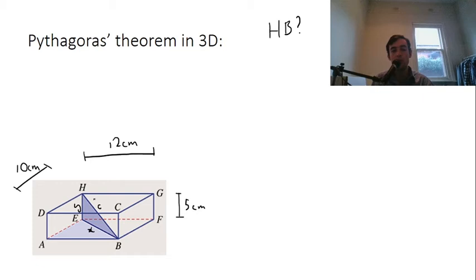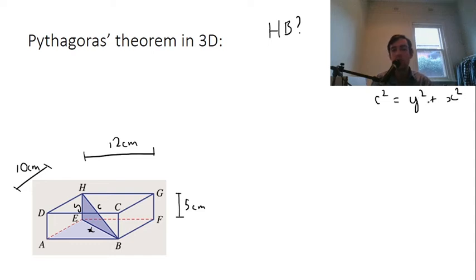But we only know what Y is, we don't know what X is, and we don't know what C is. So we can't work this out yet. We've got C squared equals Y squared plus X squared. All right, so how do we do this?